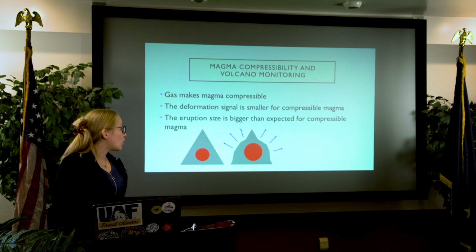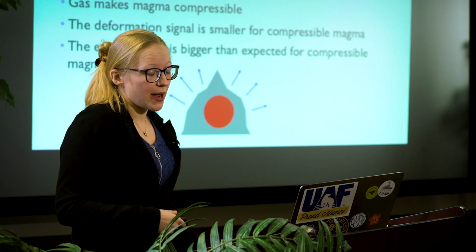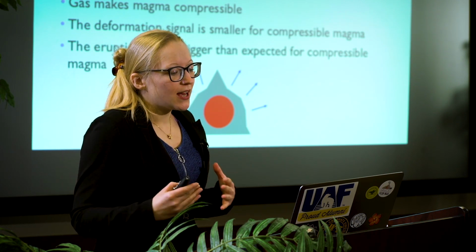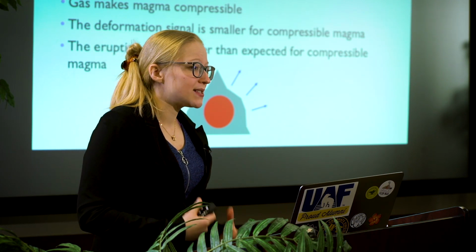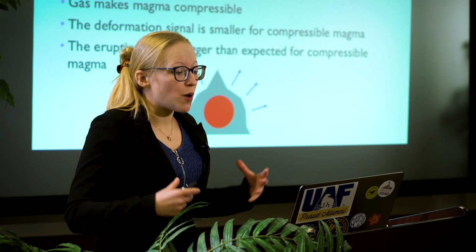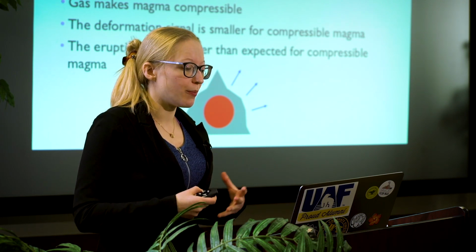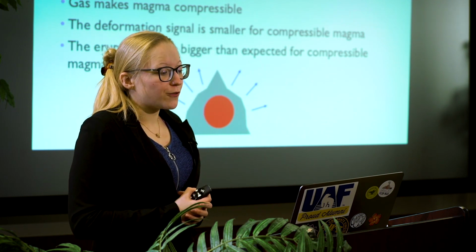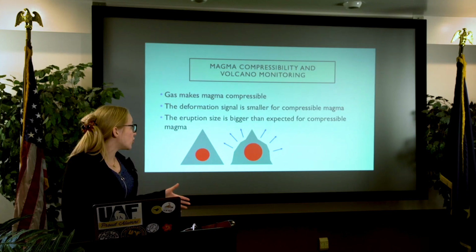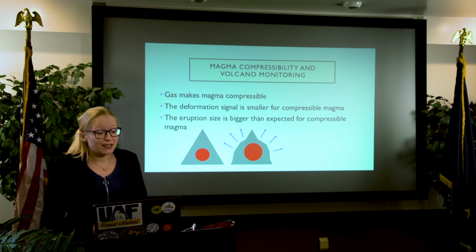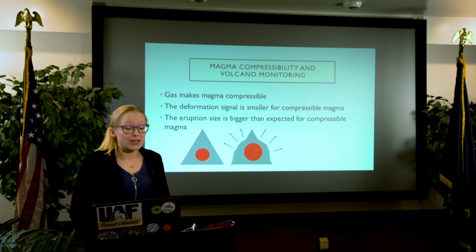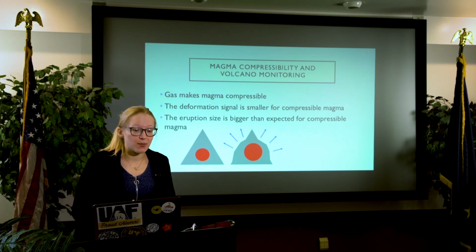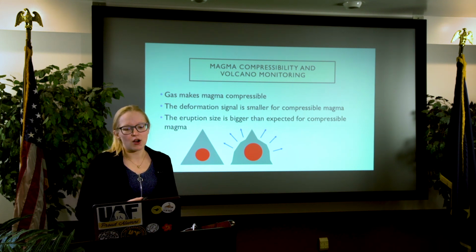However, if now there is gas in the magma chamber, then the magma chamber becomes compressible. And that means that we can't see the full extent of how much magma came into the magma chamber and how much the volcano ballooned up. Therefore, it's really important to figure that out, because then finally at the end, the eruption is going to be a lot bigger than we expected, because the compressibility of the magma hides the full extent of that expansion.